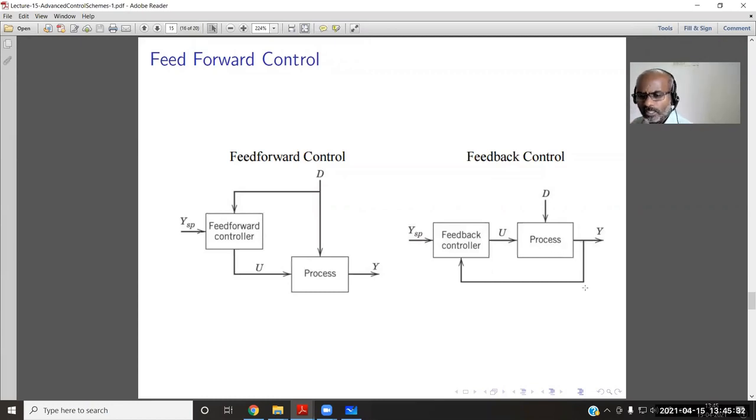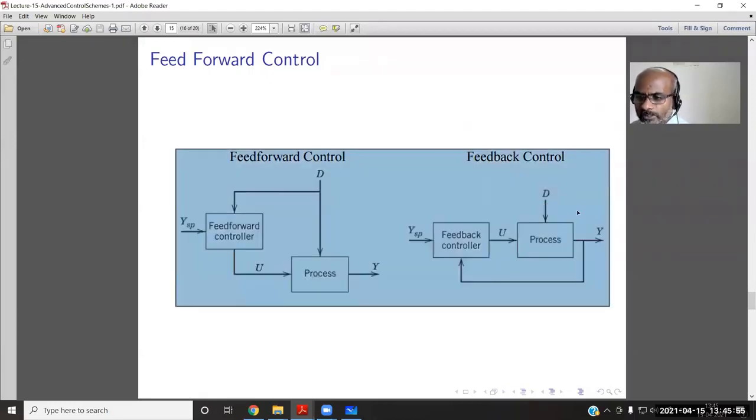There is a process, we take the measurement, and we manipulate the flow or settings to the process. Otherwise, we don't measure the disturbance.